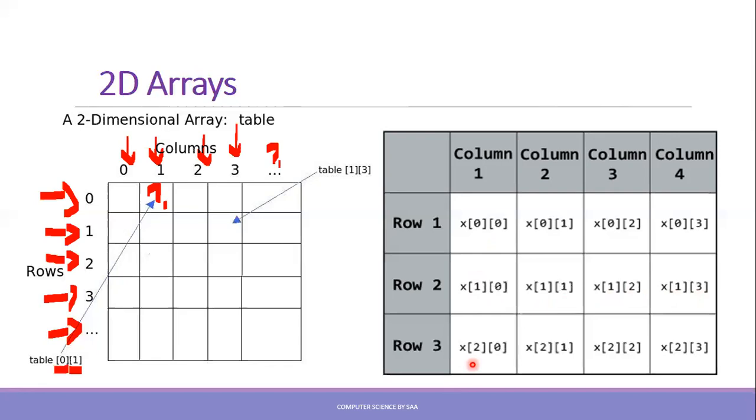Now in the end, this is the third row, so it will be 2, 0, 2, 1, 2, 2, and 2, 3. In this manner, we number the indices of an array.